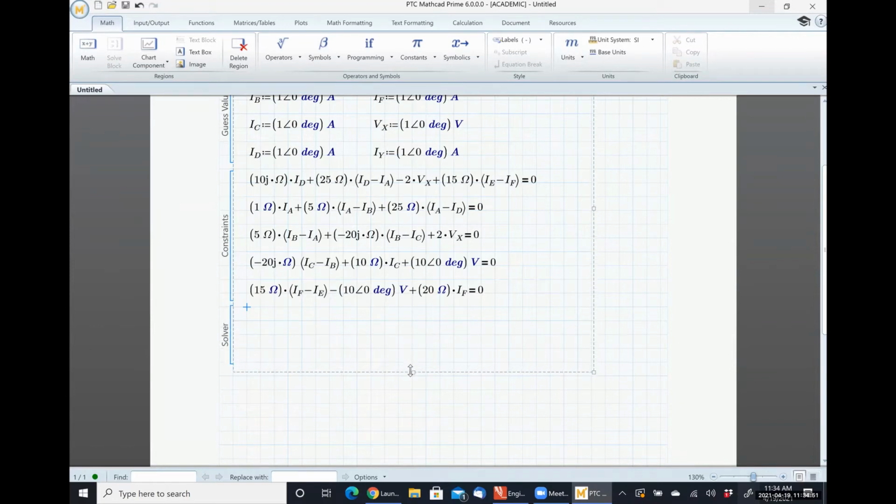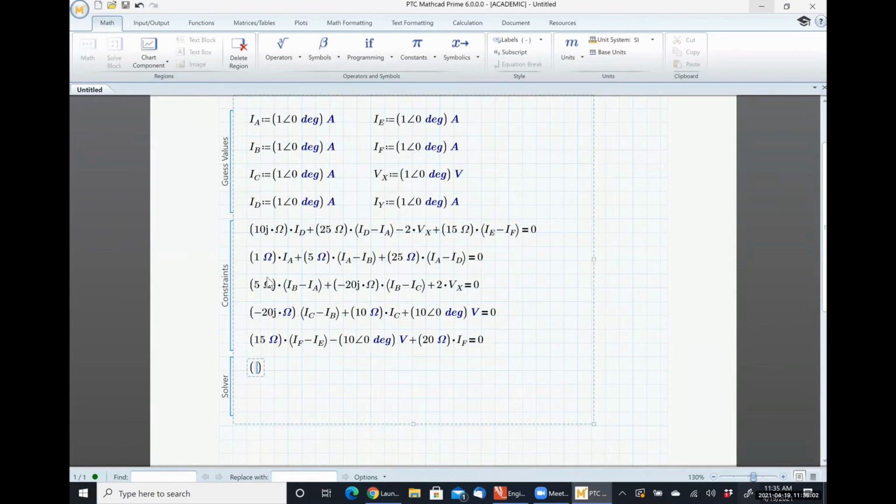And so now we have 1, 2, 3, 4, 5. So we have our current relationship, so let's just go ahead and throw that in there. That was 3 angle 0 degrees was equal to I. All right.